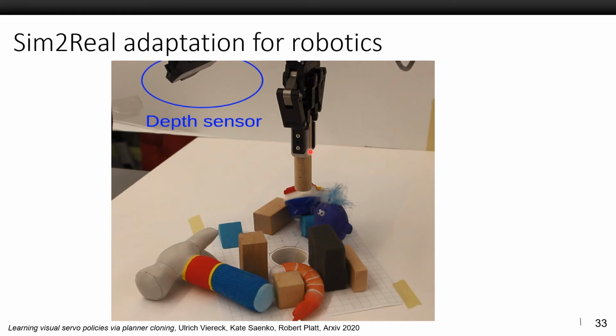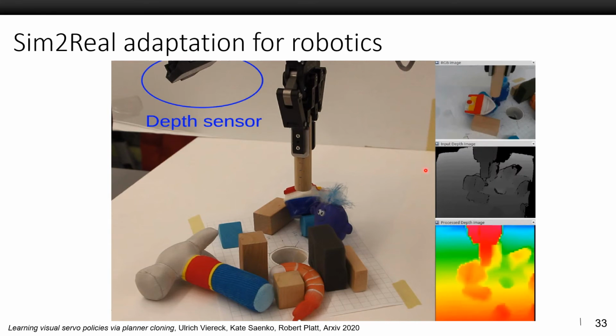The robot learns in simulation, it has a depth sensor, and so in simulation we simulate what it will see in real life at test time. So we simulate not the RGB, but just the depth images. We don't actually use RGB input, we just use the depth in this case to control the robot.